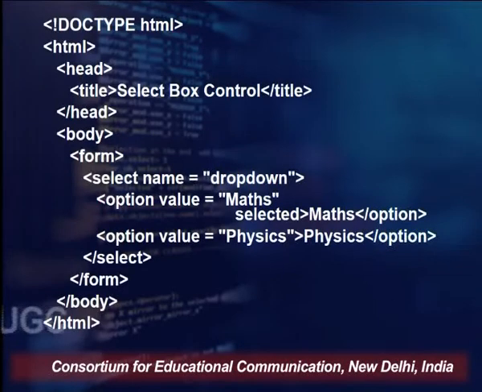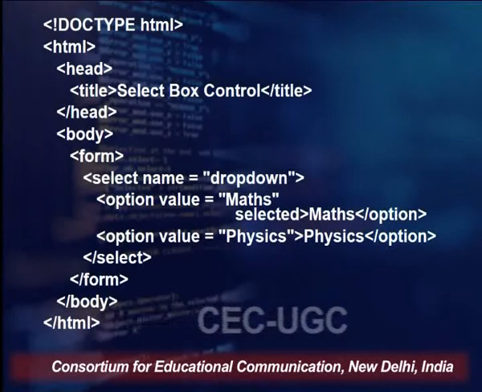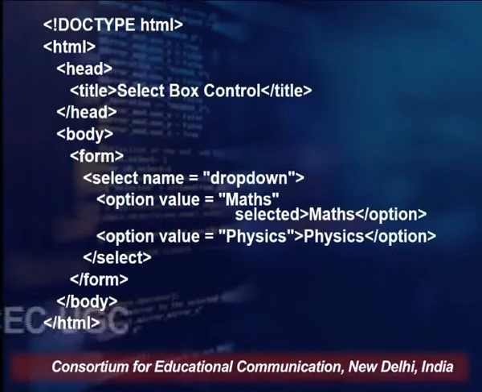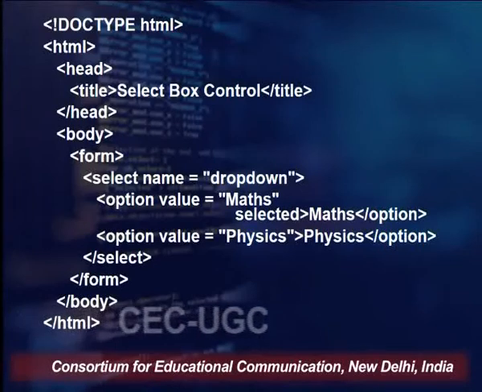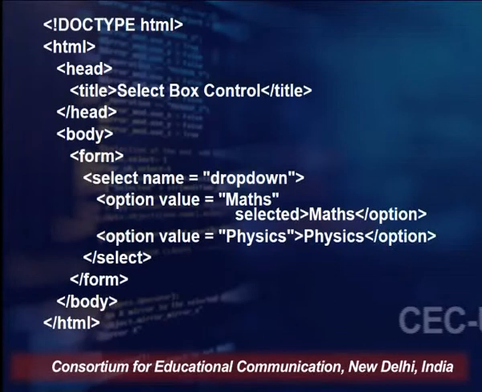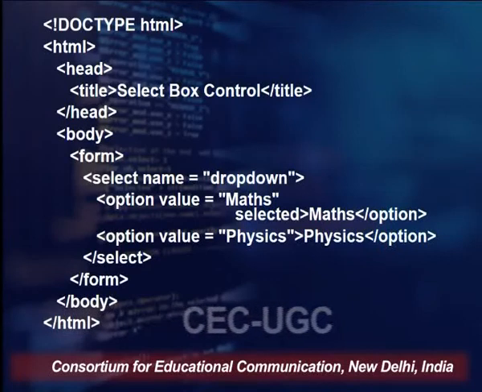The tag here is the select tag. Along with the select tag, we have written one attribute, which is name, and name is given as dropdown. Now whatever options we need to fill in inside that drop down list will go inside the option tag.